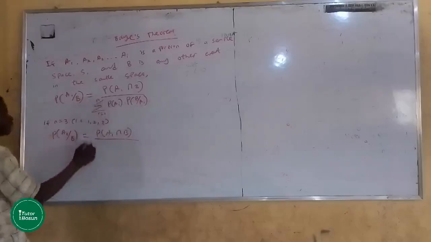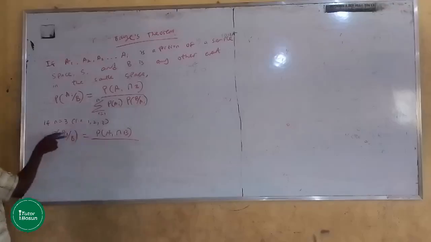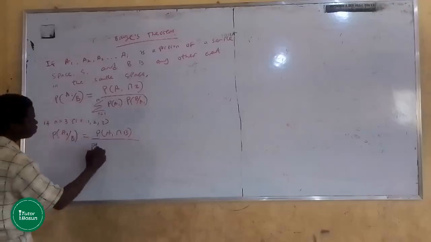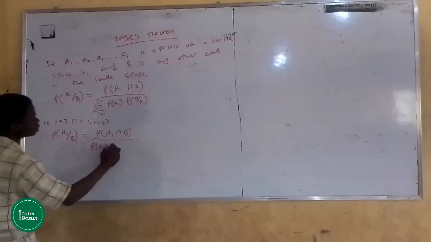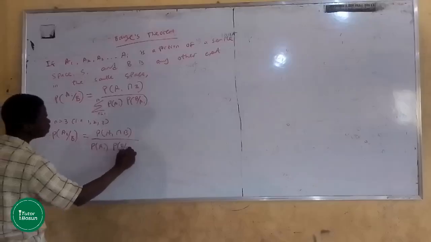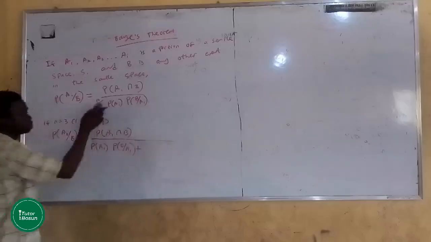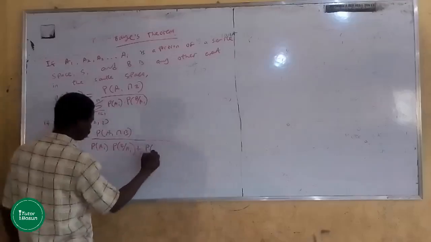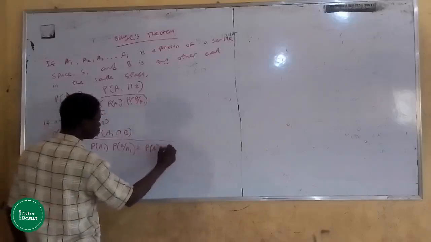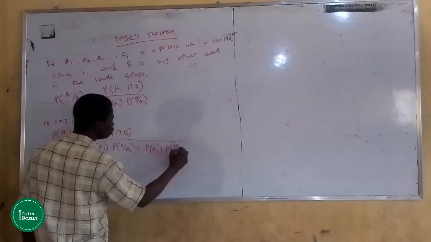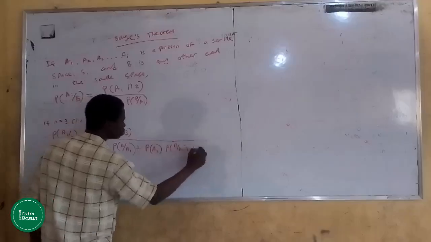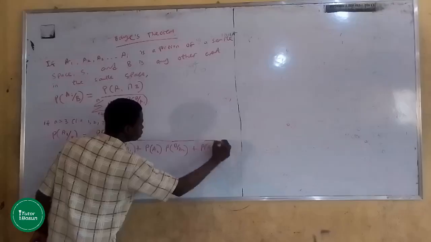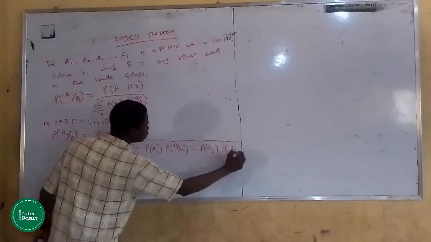So let's break this down. It will now become, we are doing it up to n equals 3. So we start from 1, that is A1. So we have the probability of A1 times the probability of B given A1, plus, remember summation means plus, we have done for 1, we move to 2, probability of A2 multiplied by the probability of B given A2, plus the probability of A3 multiplied by the probability of B given A3.